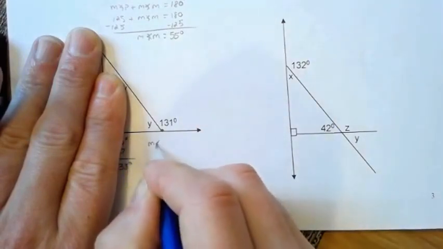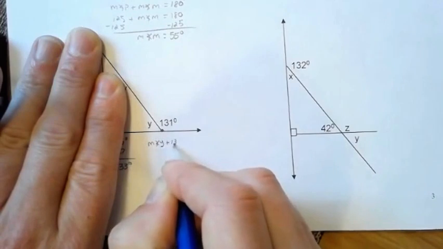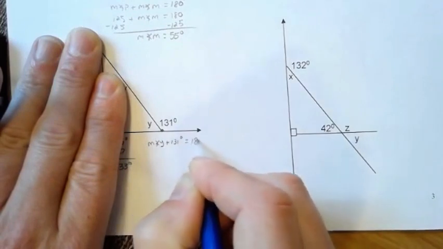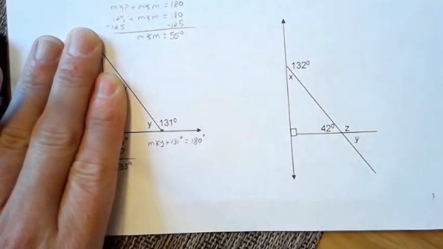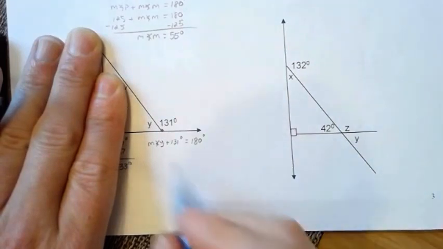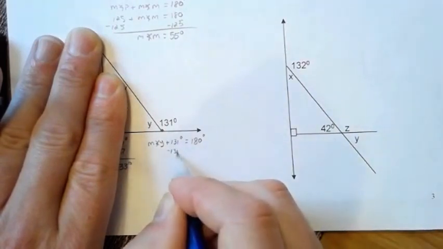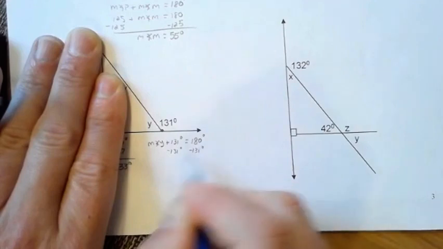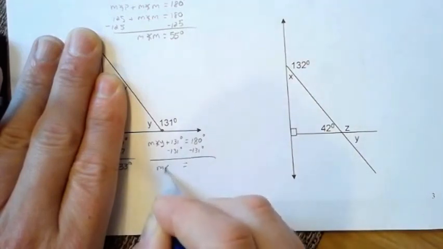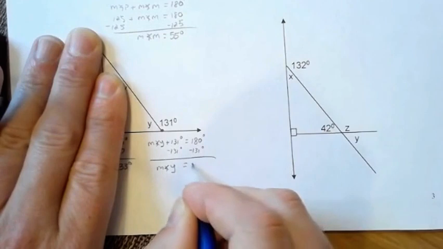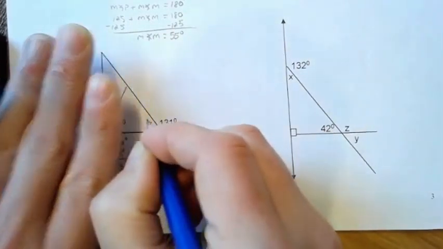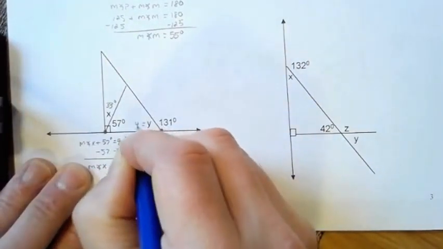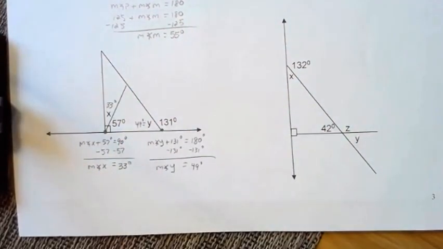So if I take the measure of angle Y and add it to the 131-degree angle, because they are supplementary, their sum is 180 degrees. So to get the measure of angle Y, let's just subtract 131 degrees from each side. And when we do that, the measure of angle Y is going to have to be 49 degrees. All right, this angle right here is a 49-degree angle.